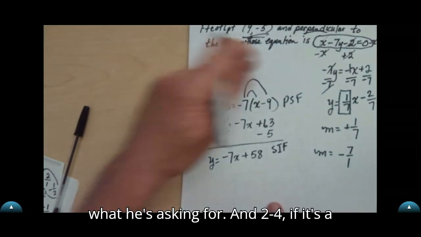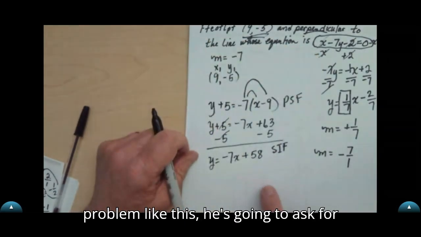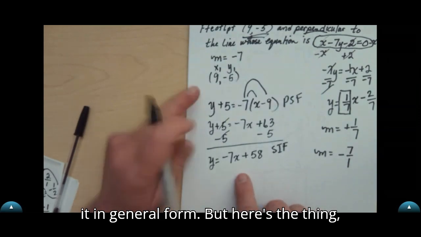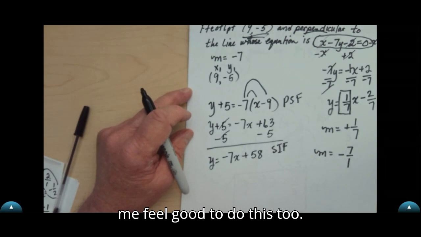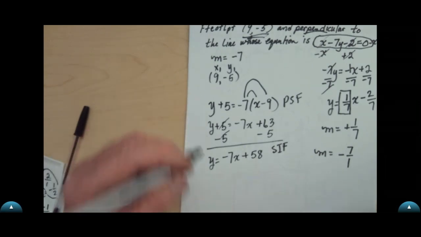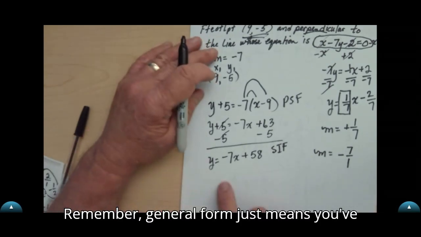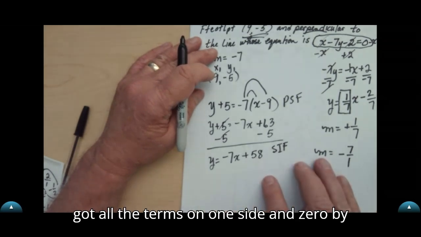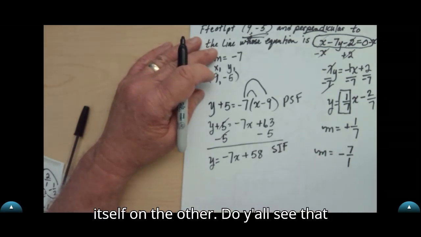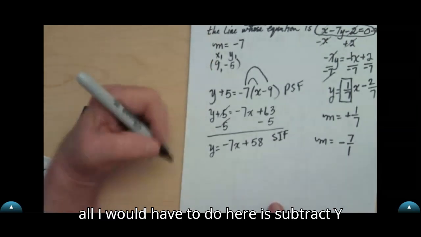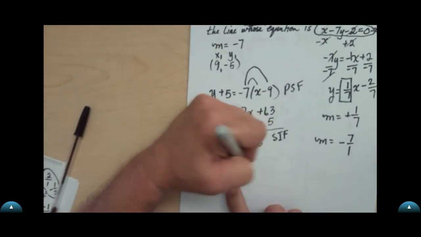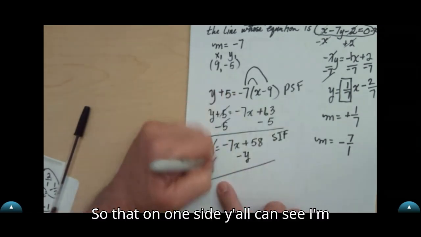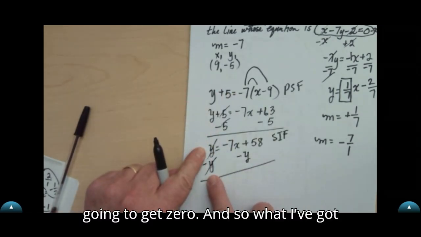In 2.4, if it's a problem like this, he's going to ask for it in general form. But here's the thing, we can fake him out, and it kind of makes me feel good to do this too. Remember, general form just means you've got all the terms on one side and 0 by itself on the other. Do y'all see that all I would have to do here is subtract y on each side? So that on one side, you can see I'm going to get 0.